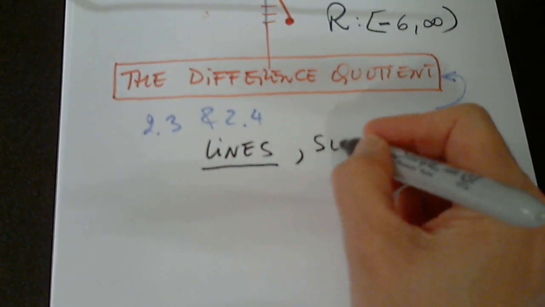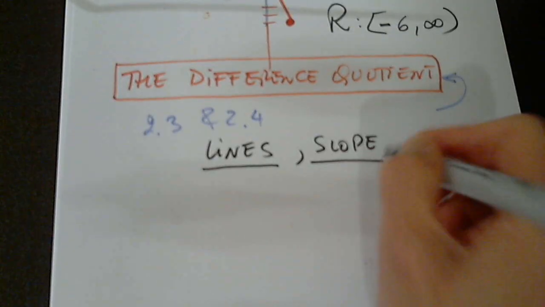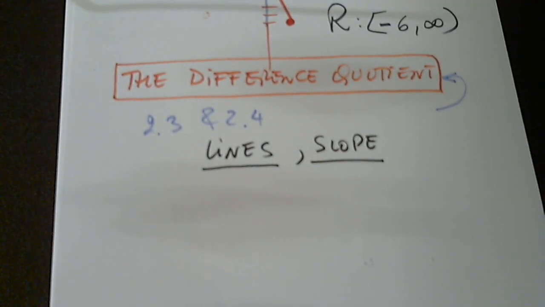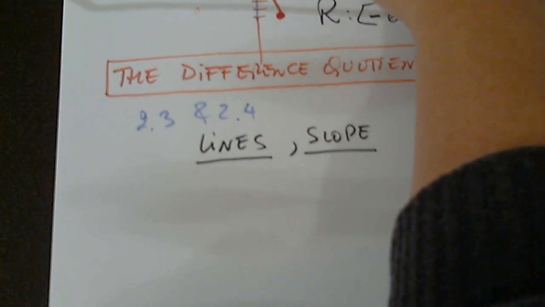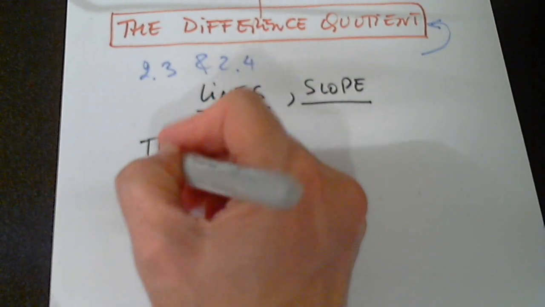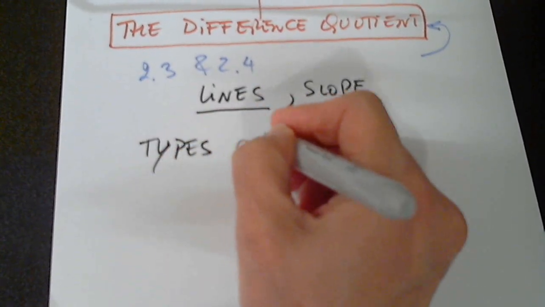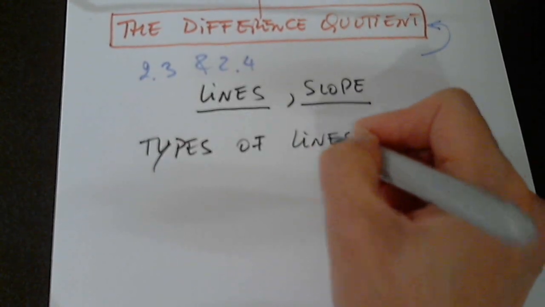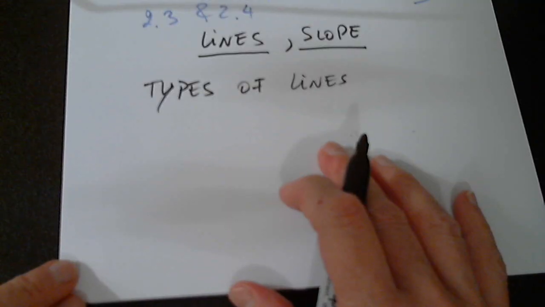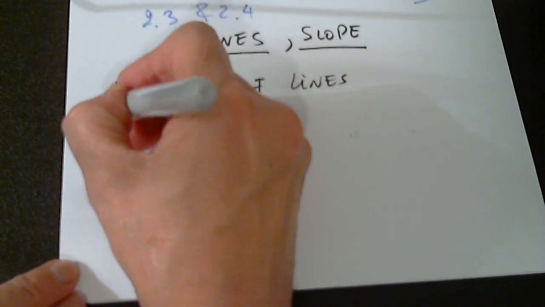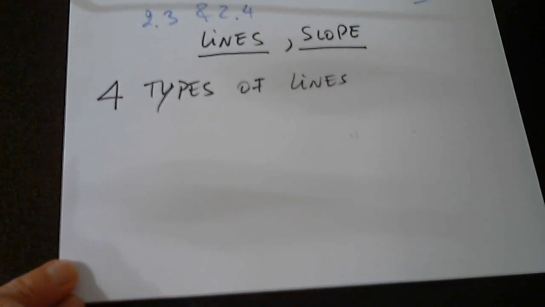We're talking about slope. So the first thing that I would like to show is types of lines. That's the first thing. How many are there? There are four types of lines.